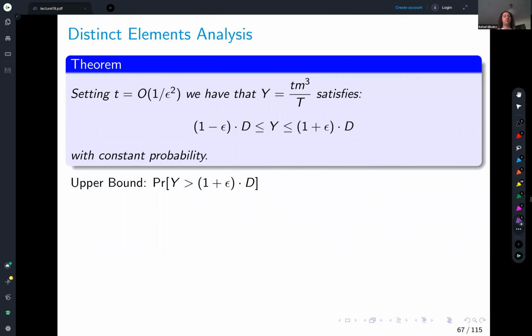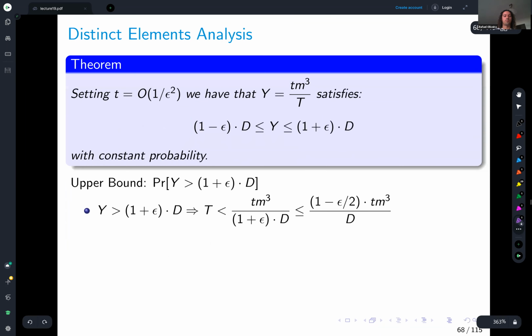So let's first prove the upper bound on the probability. What's the probability that y is too large? Let's just upper bound this probability. We want to show that the probability that y is too large is small. So if y is larger than (1 plus epsilon) times d, remember the formula for y, we know that y is this value.